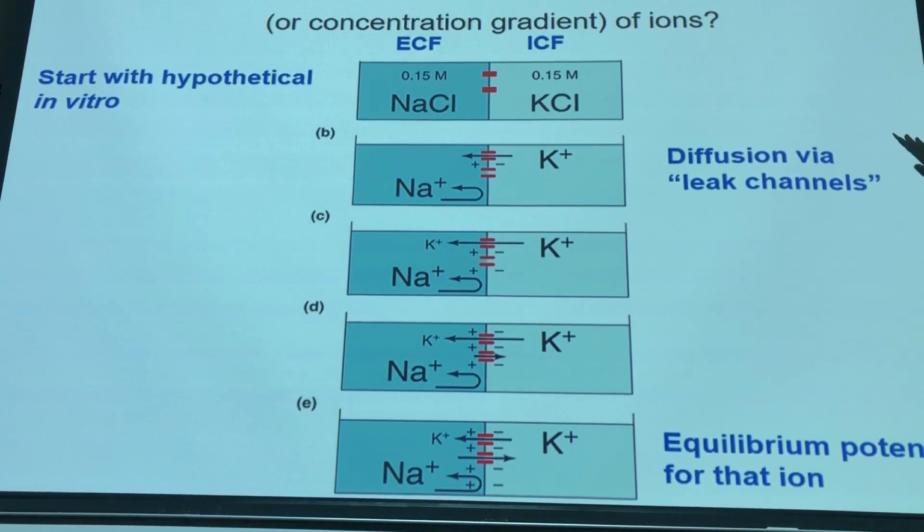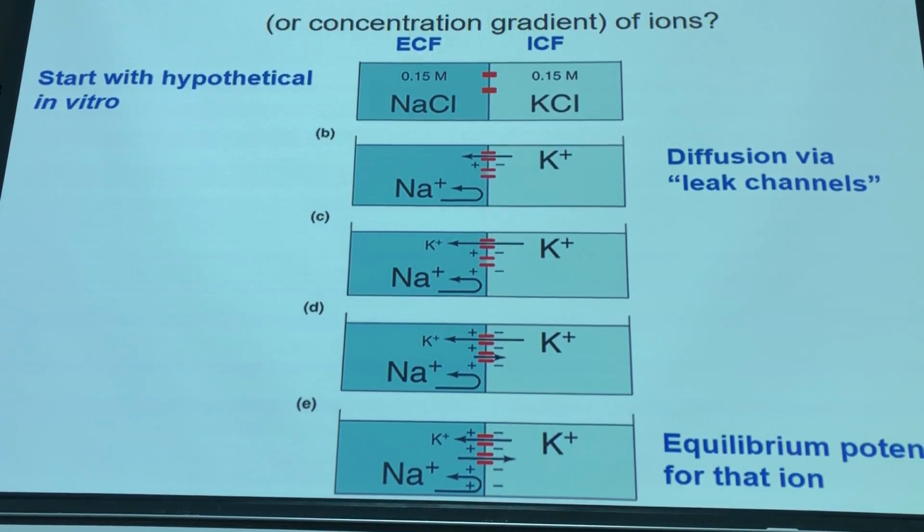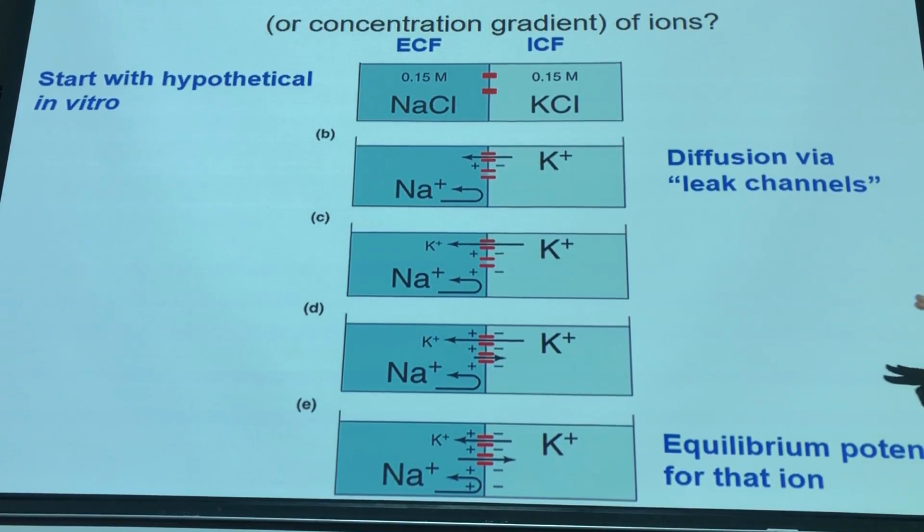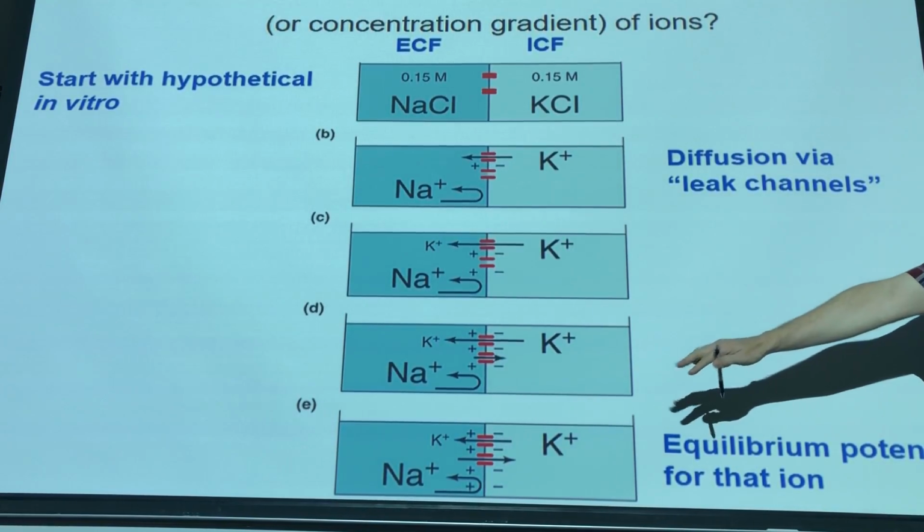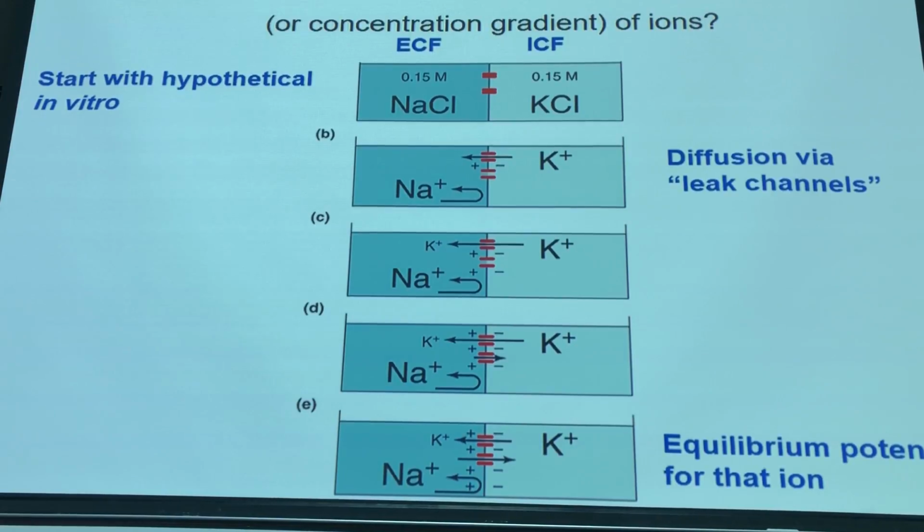But it's the electrical force needed. So here, in order to reach equilibrium with the concentration and the movement of the ions, there is an electrical force that develops to balance this movement. Okay? And that is what an equilibrium potential is. And you have a different equilibrium potential for every ion.